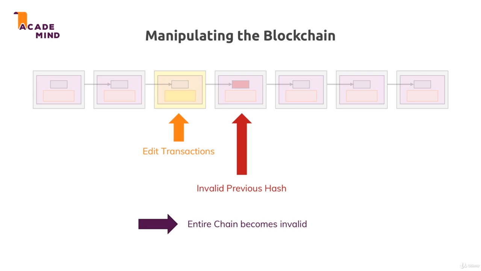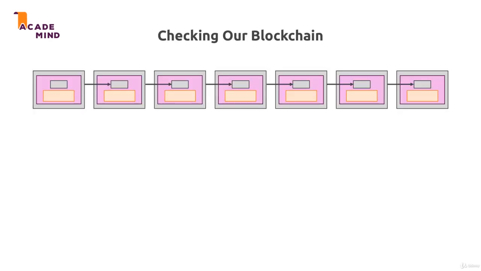Now, in our application here, we can kind of simulate this. Our chain looks something like this. We got our first block with the initial value in our first transaction. Then we got our second block and so on, which contains the previous block. The orange part here always is the previous block. And now what we want to do is we want to check that each block contains the value of the previous block.